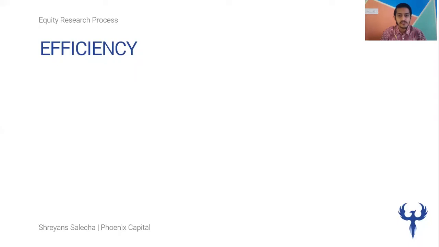So let's get started. Before we move on to the specific ratios, let's understand what we are trying to do here. With profitability ratios, we are trying to understand how much a company really earns for every dollar or rupee of sale that it makes. With solvency ratios, we were trying to assess the long-term financial health of the company and its ability to sustain itself.